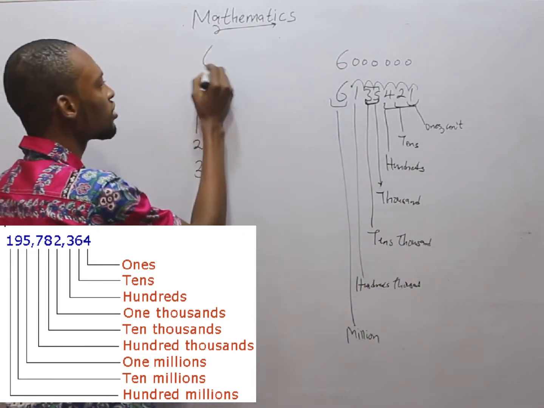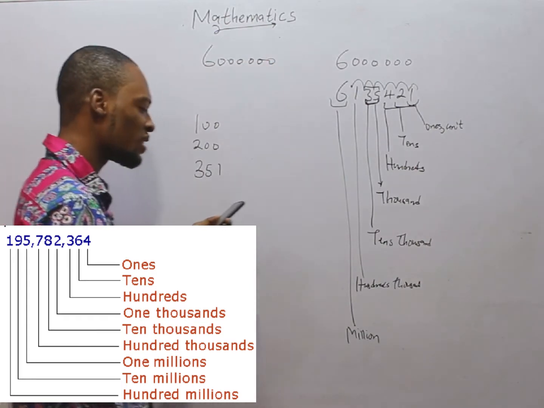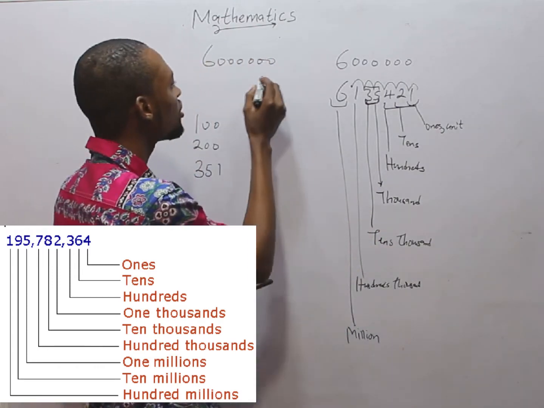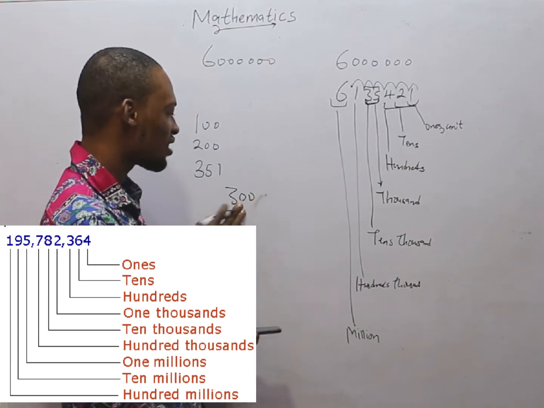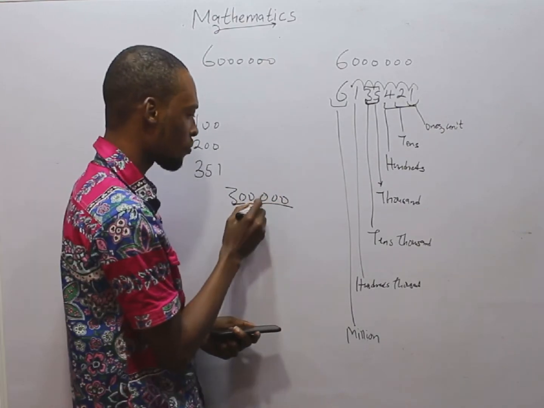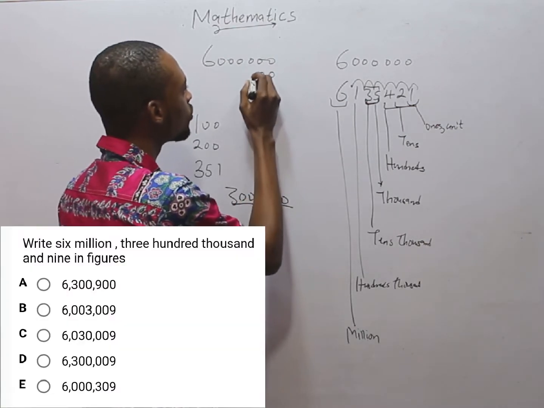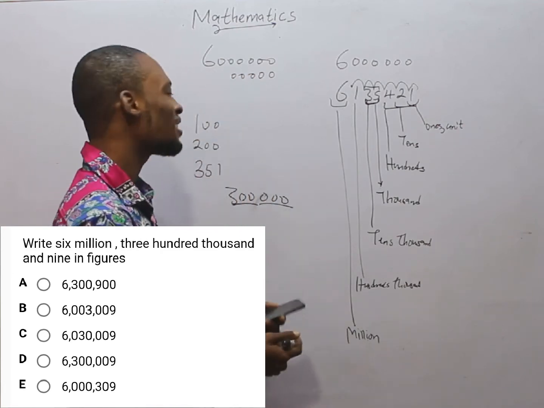So if this is 6 million, 1, 2, 3, and the next one says 300,000. 300,000 simply means 300 and 1,000 is 3 zeros. So that is 300,000. Hundreds of thousand. So 5 zeros, 1, 2, 3, 4, 5. And 9. 9 is a unit.